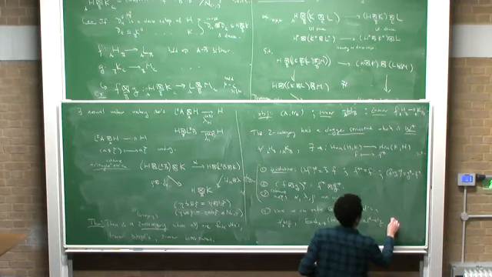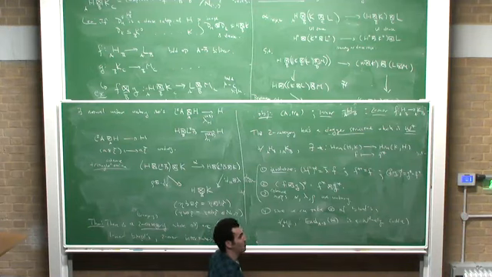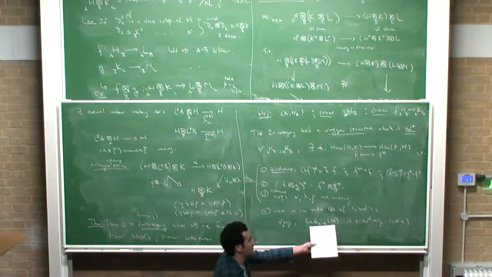It's a von Neumann algebra. W star algebra is just another name for a von Neumann algebra, and in general you don't call them von Neumann categories, you call them W star categories.